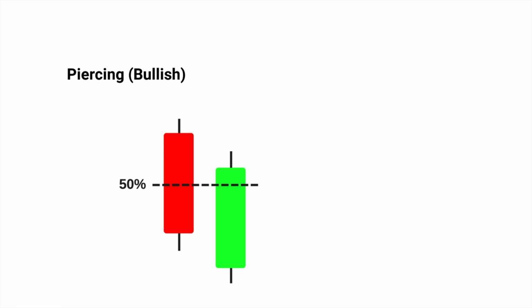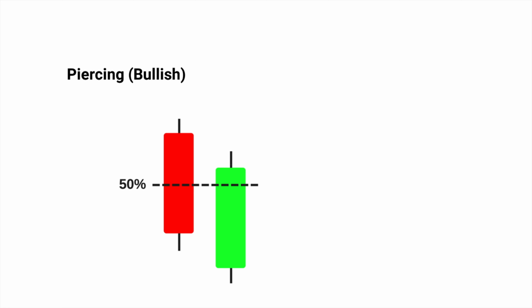And obviously this is also a reversal pattern. So the bullish candle has to engulf 50% of the previous candle. If it does that, you know we're in the money.